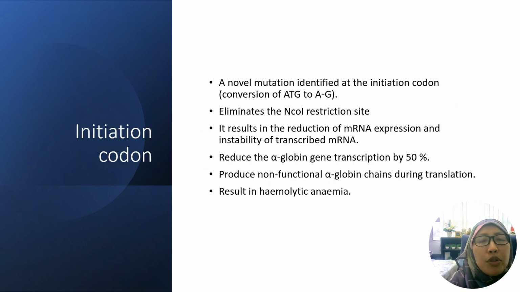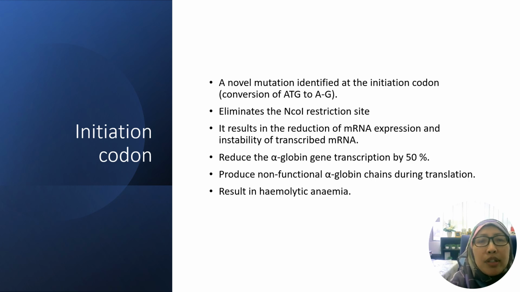A novel mutation identified at the initiation codon of HBA2 has led to a conversion of ATG to AGG, and this mutation eliminates the NcoI restriction site, which may be identified by PCR and Southern blot analysis. It results in the reduction of mRNA expression and instability of transcribed mRNA, thus being translated into unstable alpha-globin chains.